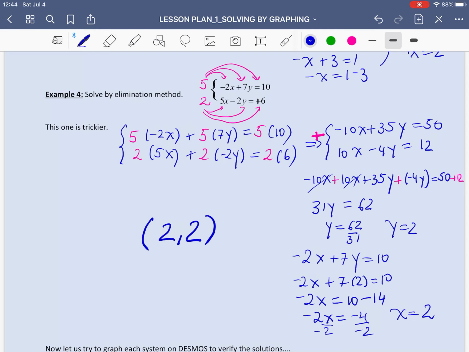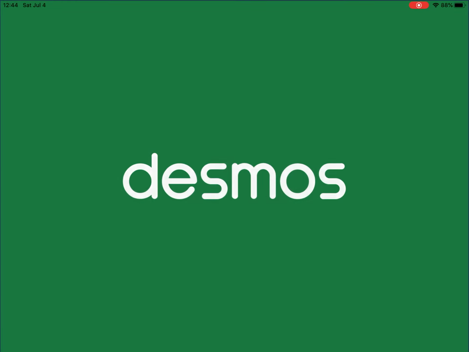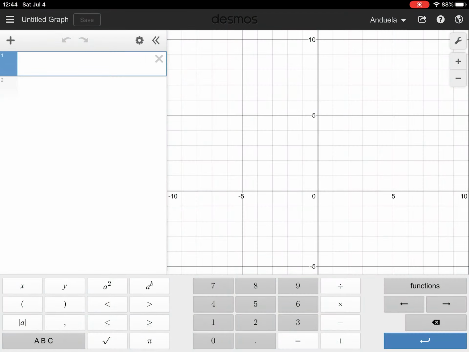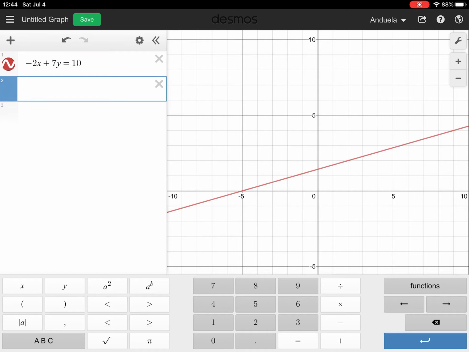Now, just for the fun of it, let's verify the solution by using decimals. So negative 2x plus 7y equals 10.